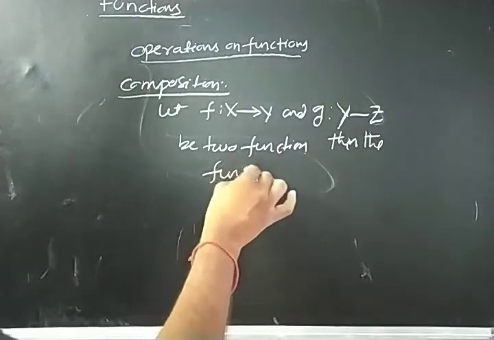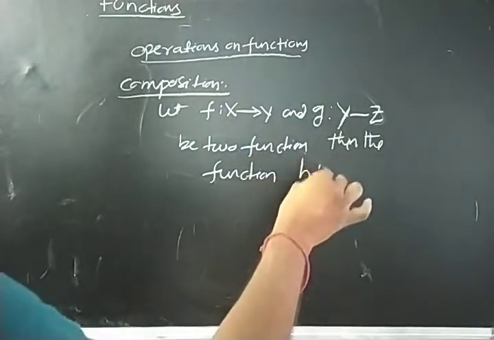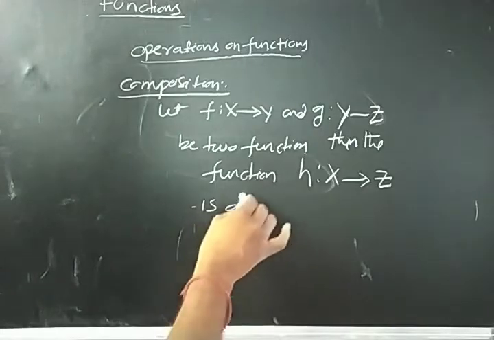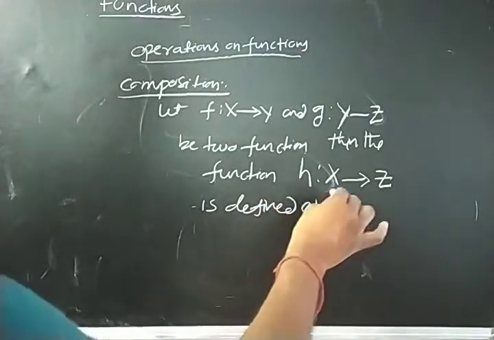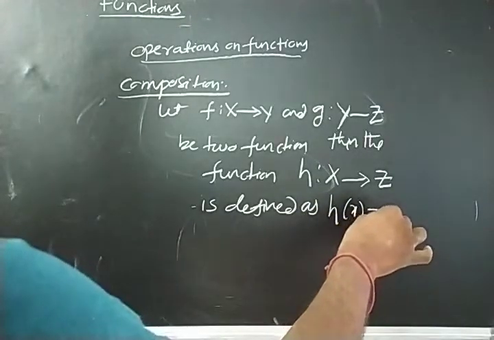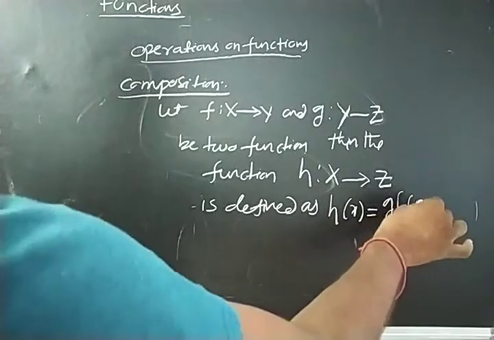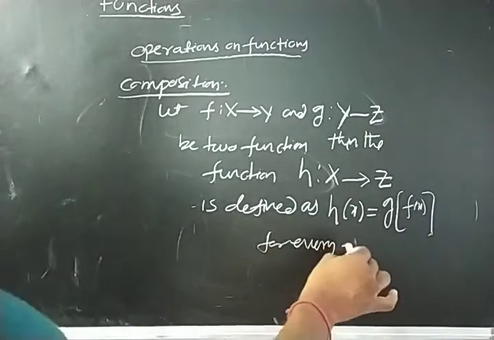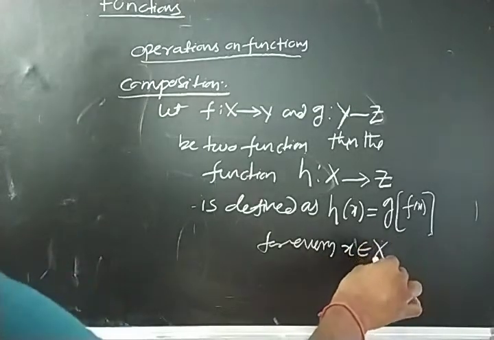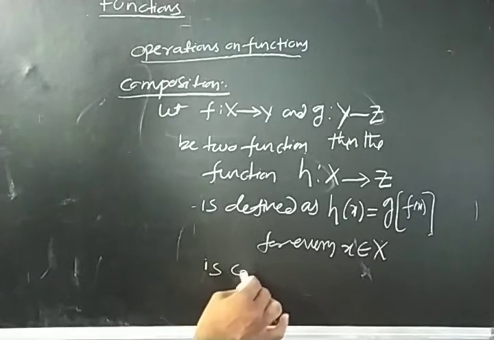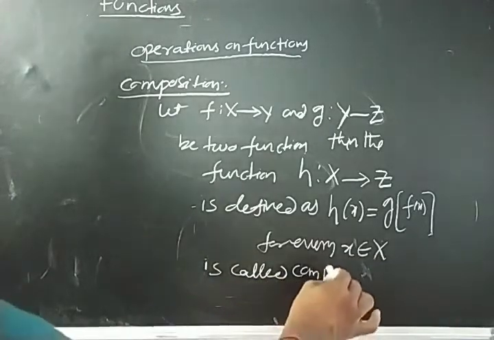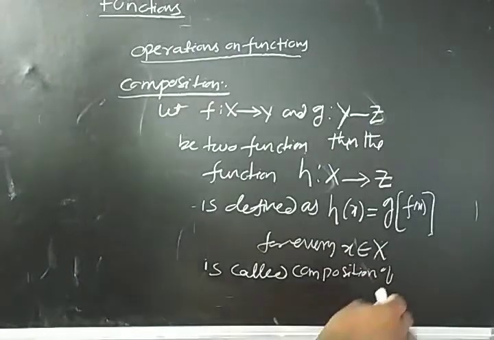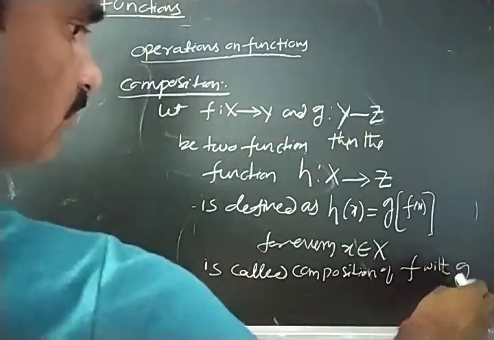Then the new function h, which is defined from X to Z, is defined as h of x is equal to g of f of x, for every element x belonging to capital X. It is called composition of mappings, composition of f with g.